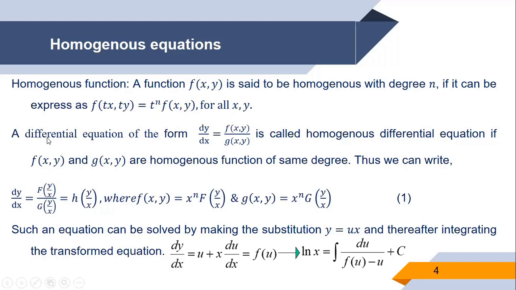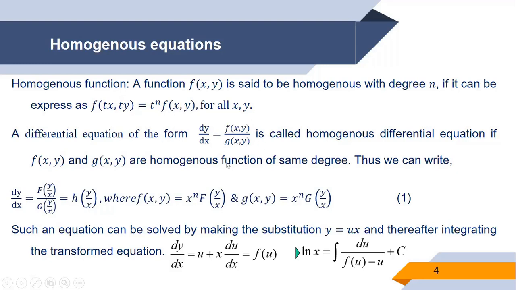Now, what is the definition of homogeneous equation? A differential equation of the form dy by dx is equal to f of x y upon g of x y is called a homogeneous differential equation if f of x y and g of x y are homogeneous functions of the same degree.